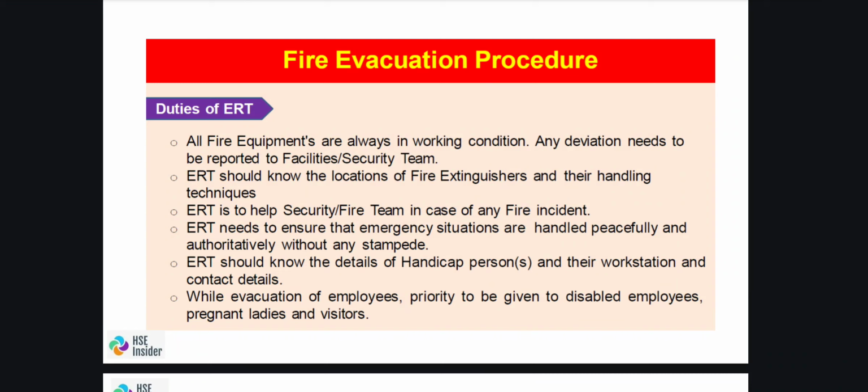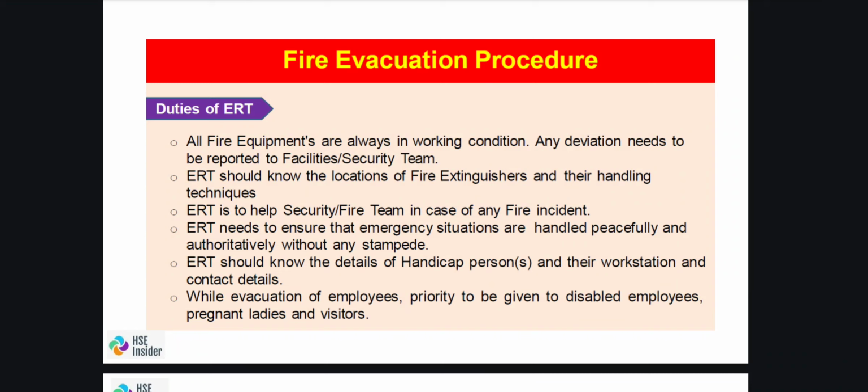ERT needs to ensure that emergency situations are handled peacefully and authoritatively, without any stampede. ERT should know the details of handicapped persons, their workstations and contact details. This is very important in case of evacuation, as those persons need immediate support and help to evacuate.